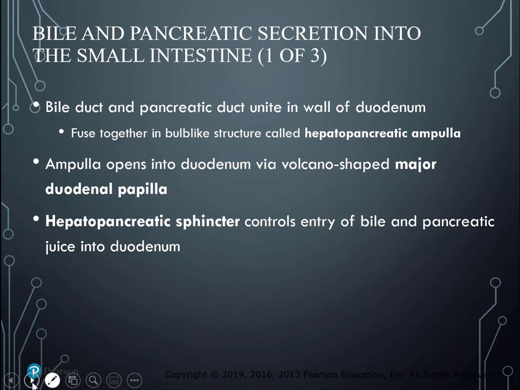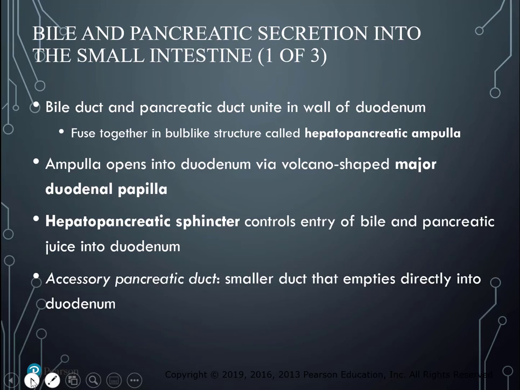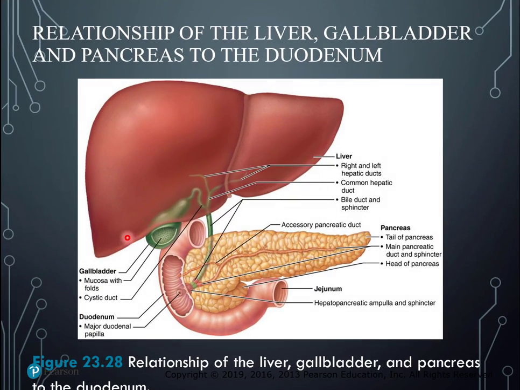And it opens into the duodenum, and that's where pancreatic juice is going to be released into the duodenum. So right there, this is your bile duct, and it connects with the pancreatic duct, and right here it forms the sphincter of Oddi, and it will be opening into the duodenum.